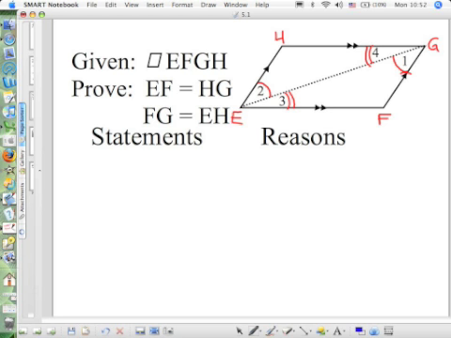Now let's talk about the whole parallelogram. If these two triangles are congruent, what do we know about angle H and angle F? They're congruent to each other. And those are the opposite angles in the parallelogram, right? Right.